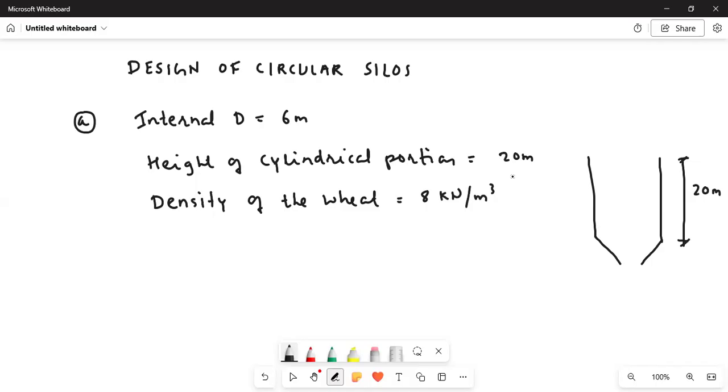And the coefficient of friction is given. Since the silos have larger length, the depth of the silos is more than the depth of bunkers. So there will be consideration of the frictional force because the length is higher as compared to the length of the bunker.